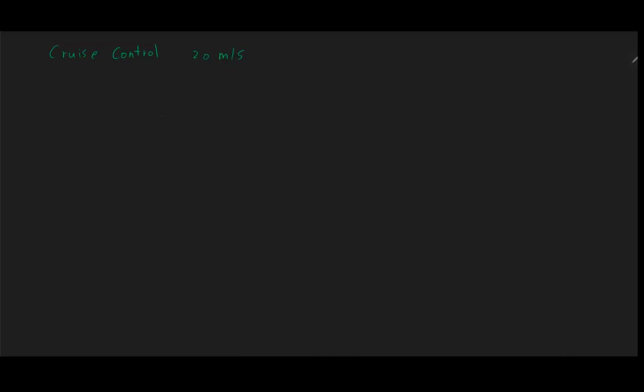So first, let's create an equation for the motion of a car. According to Newton's second law, the net force of an object equals its mass times acceleration. So what does this mean? The net force, we'll call this F, is equal to the mass of a car times its acceleration.